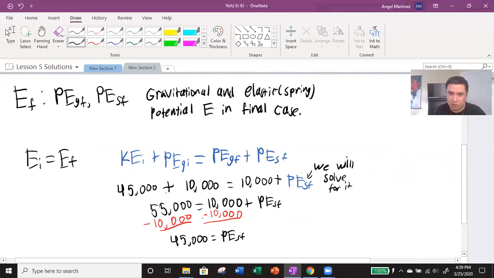You know what, I'm not gonna box it, I'm just gonna leave it there. That's our answer. So 45,000 joules is our answer. So that goes to D.